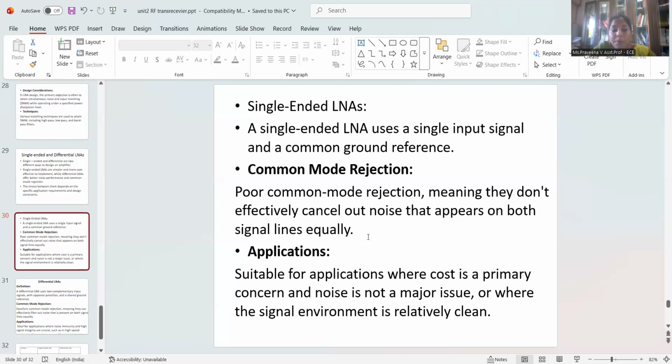And why is it used? Differential LNAs are ideal for applications where high noise immunity is required, signal integrity is critical, and high-speed communications are involved. For example, we use differential LNAs in 5G or 4G mobile phones, Wi-Fi routers, GPS receivers, radar systems, and satellite communication systems.